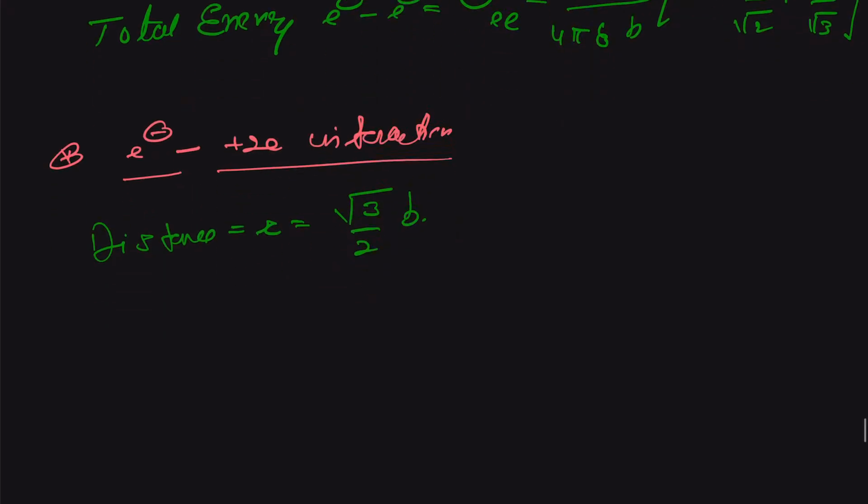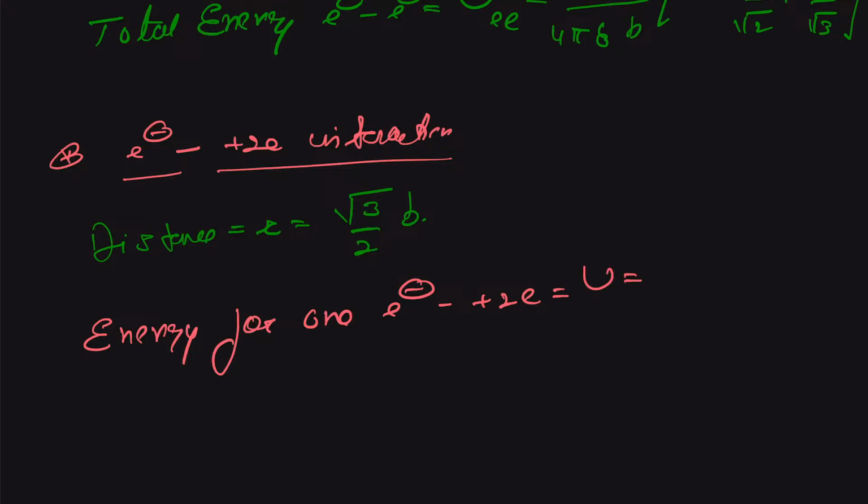And so we can say energy for one electron and our central charge, U will be equal to 1 upon 4 pi epsilon naught, and we have one electron and one central atom, divided by our, let's call this RE.